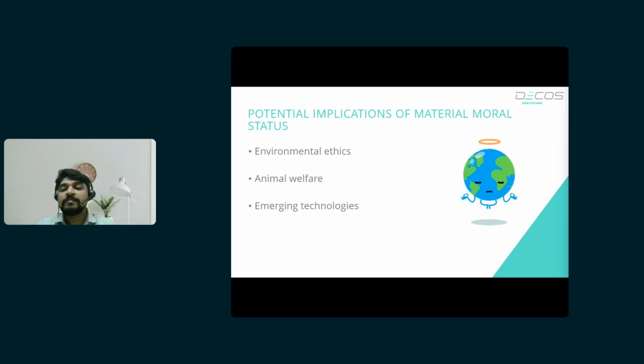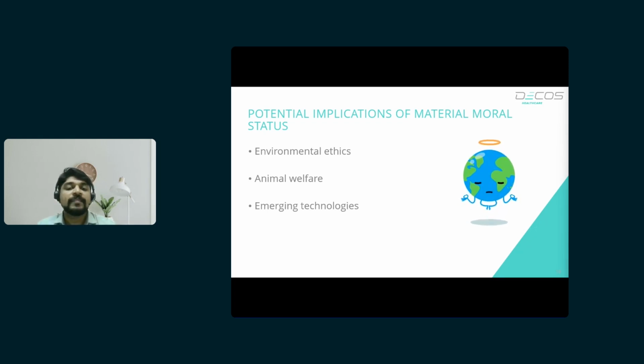on the materials involved. If it is regarding emerging technologies, the development of advanced materials like self-healing structures or biomimetic materials could require new ethical frameworks. If these materials exhibit a level of complexity or functionality that blurs the moral status, then we might need to establish new guidelines for their creation and use.